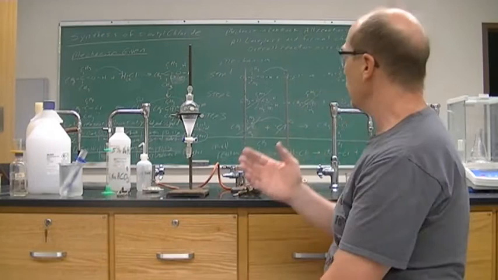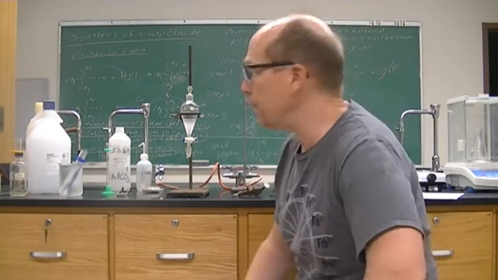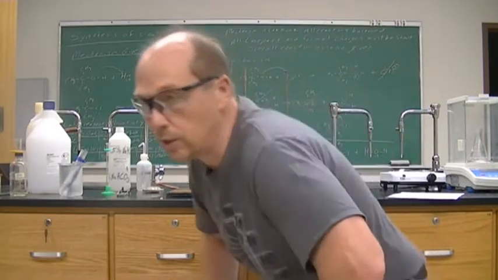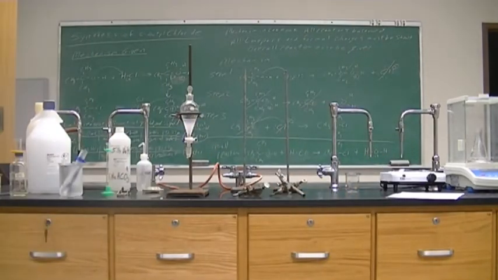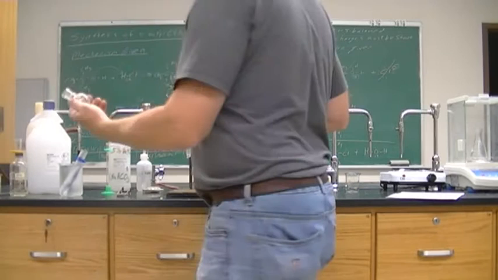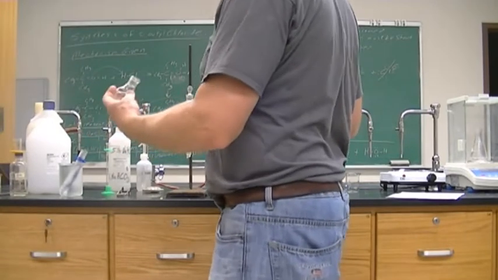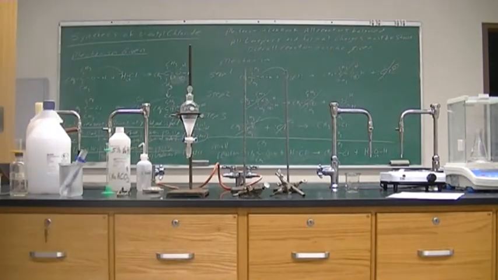Our theoretical yield is 5 grams. So we're going to use the smallest container for this distillation that is in our box over here. And for this box, looks like we're missing our 25, so we're going to have to go with the smallest one in there, which is a 50 ml round bottom flask.